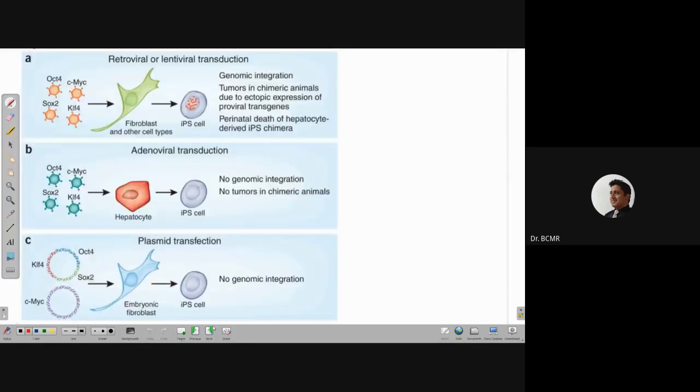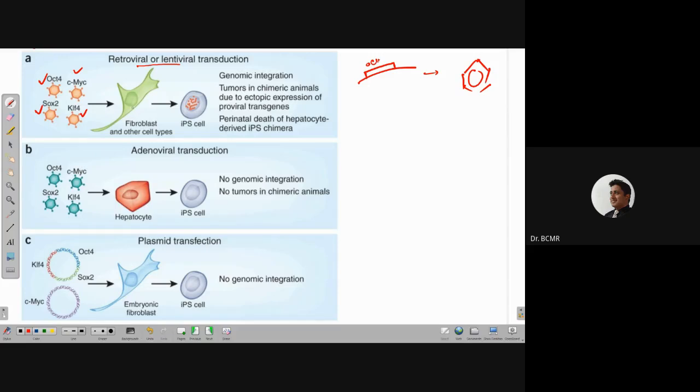As I was telling you before, there are retroviral or lentiviral genetic ways of inducing pluripotency. You take a lentivirus, for example, put in OCT4 in one, and then make a phage out of it. Like that you can generate different phages, each containing one gene, and then infect fibroblasts or some other differentiated cells.